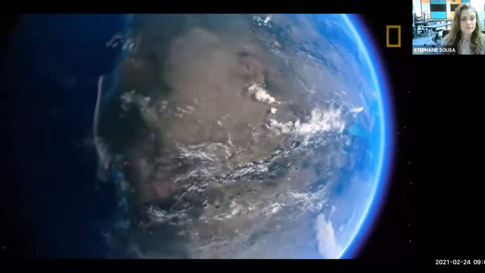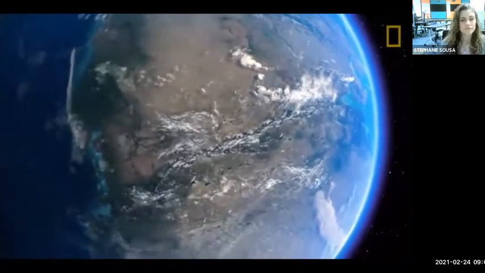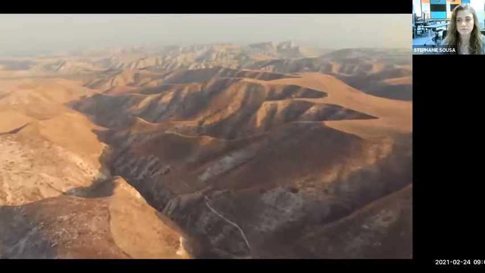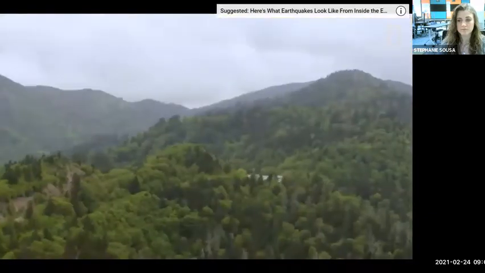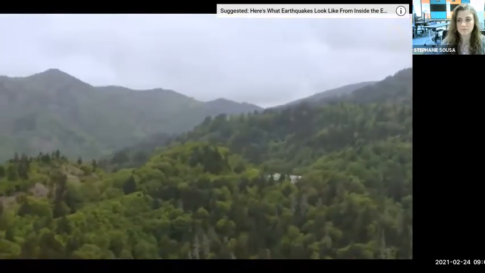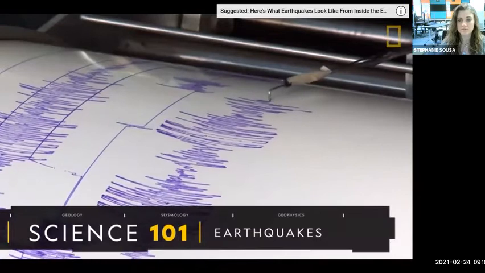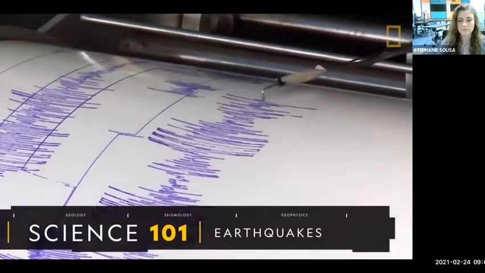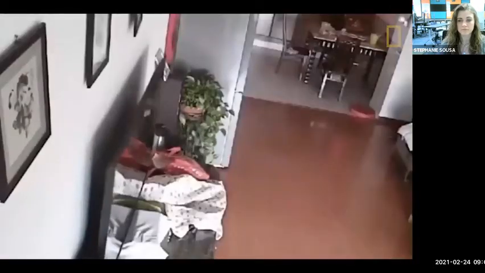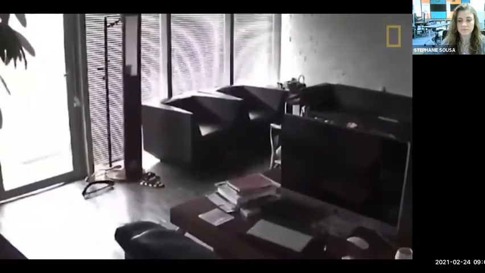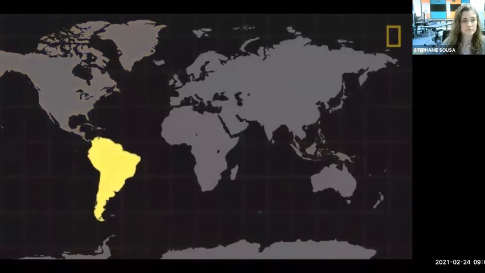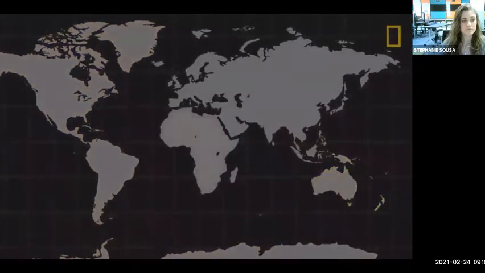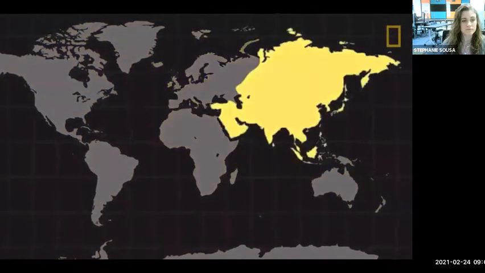From above, the planet appears eerily still. But every mountain range and every chasm on its face is a scar, with many telling a story of when the Earth rumbled to life. Earthquakes occur around the world. They've been recorded on all 7 continents, but most quakes take place in just 3 regions.